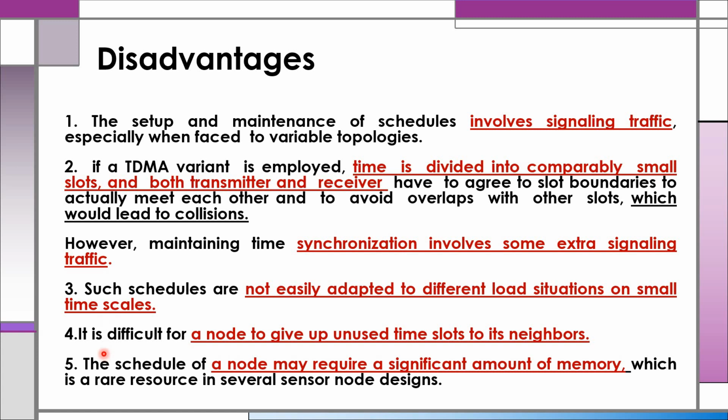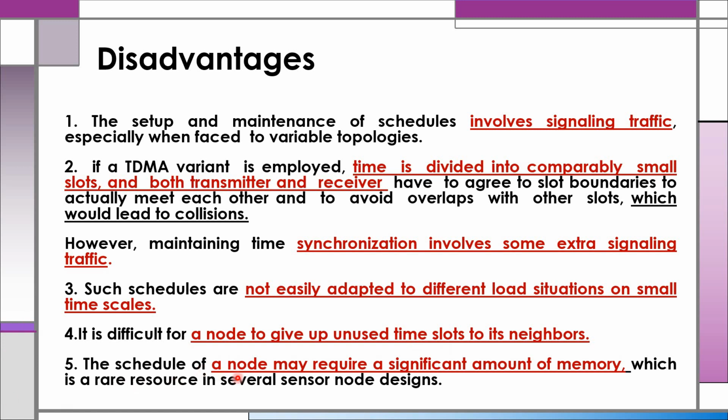At the same time, it is difficult for a node to give up unused time slots to its neighbors. If some member nodes do not have data, that particular node is not able to give up the unused time slot to the neighbor node.